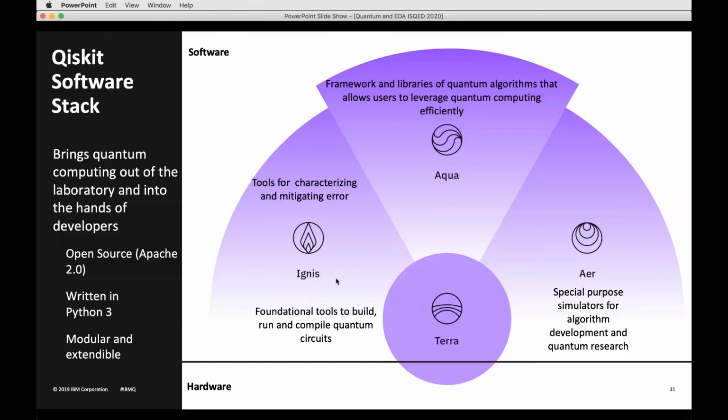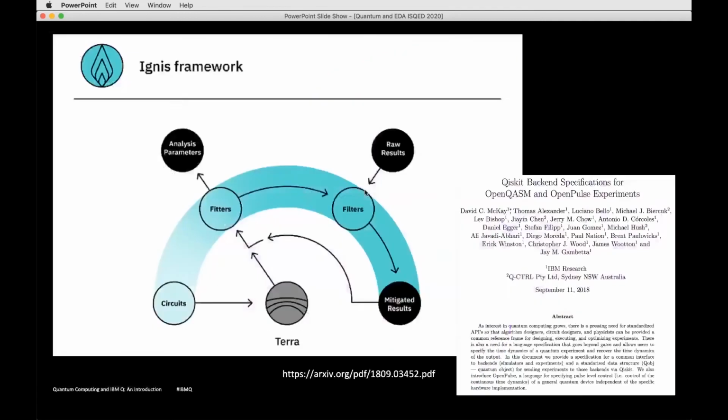So if you go to this Ignis framework, and there's a key paper that kind of describes how this open pulse system works. You can learn how to basically build your own circuits, execute them, measure some of the key parameters, and use that to put all type of mitigation strategies in place to actually fine-tune how a quantum computer does your particular type of computations.